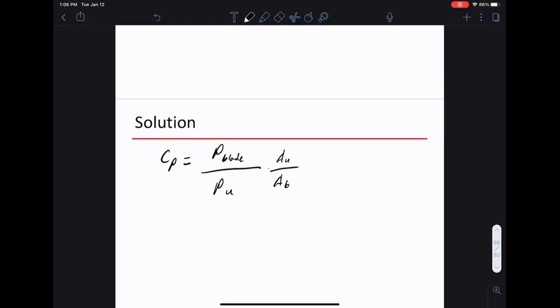So it's not just the power of the blade divided by the power upwind. You have to do a correction for the area because we're considering a smaller area. Okay. So if you plug in these numbers, then we get 0.5 over 4 multiplied by 1,000.